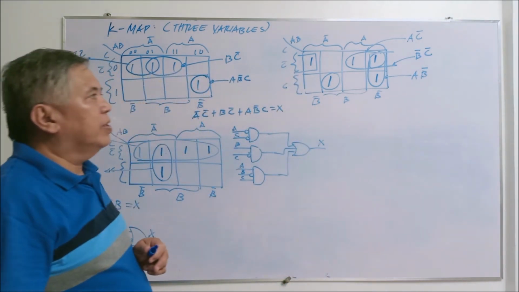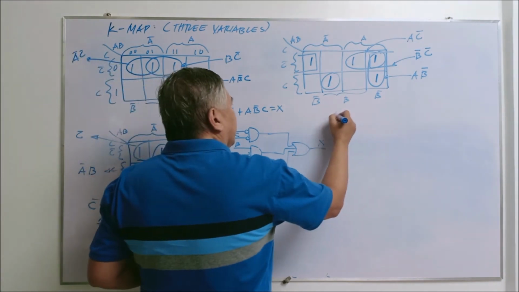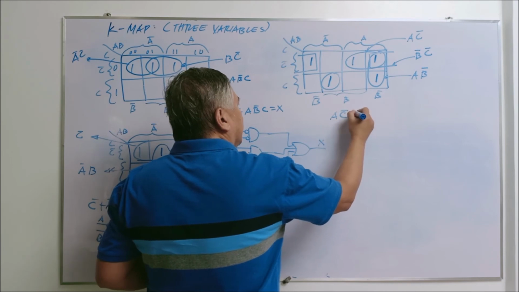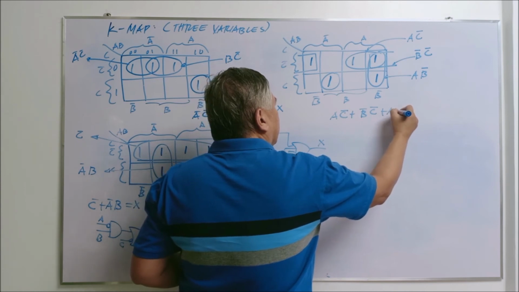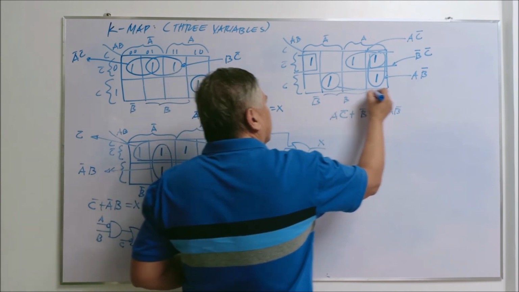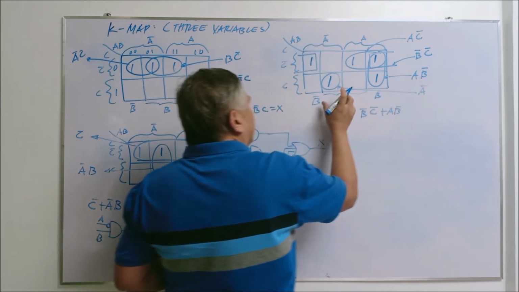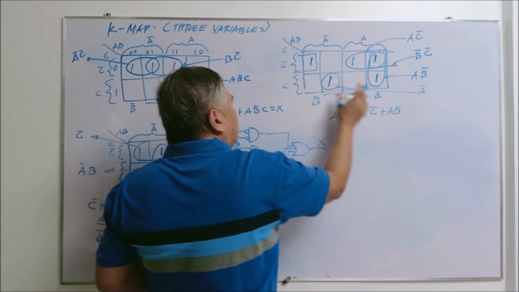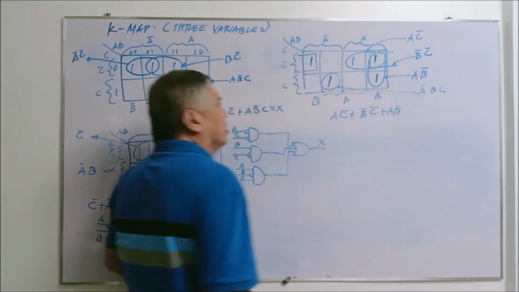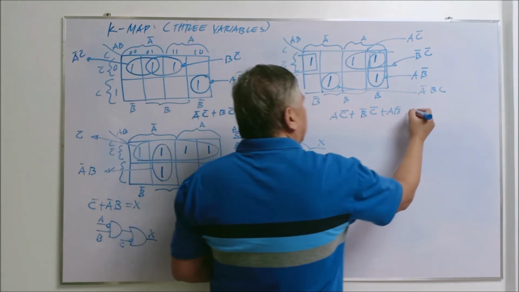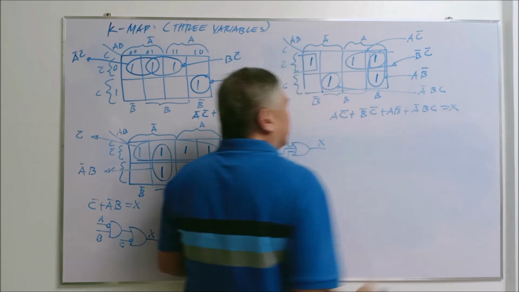So the final will be A C bar plus B bar C bar plus A B bar. Oh, by the way, we still have this one. This belongs to A bar, B, and C. So you have this plus A bar B C is equal to X.